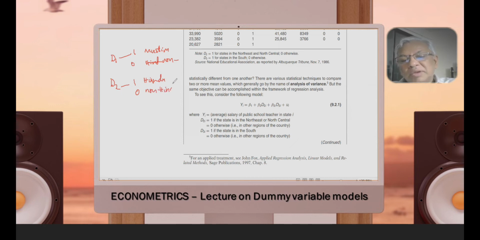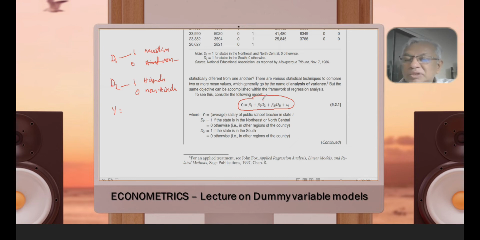Because a dummy variable has only 1 and 0, if there are more than 2 categories, I need to bring in a second dummy. So what happens if I look at my model? Y is equal to beta 1 plus beta 2 D2 plus beta 3 D3.